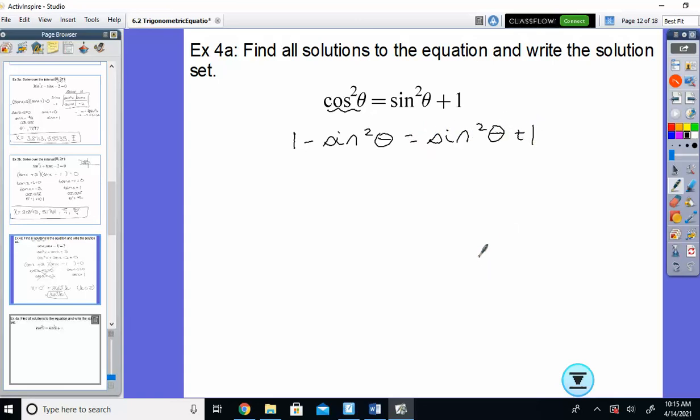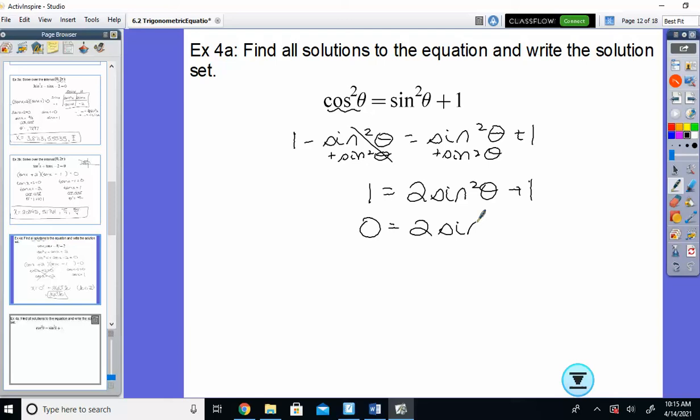This looks like a really good option to me because I could add over my sine squared theta. So I get 1 equals 2 sine squared theta plus 1. If I subtract that 1 over, I get 0 equal to 2 sine squared theta. Divide by 2.